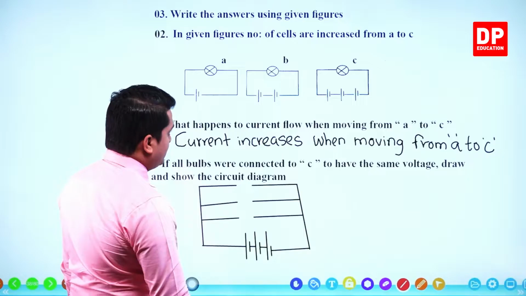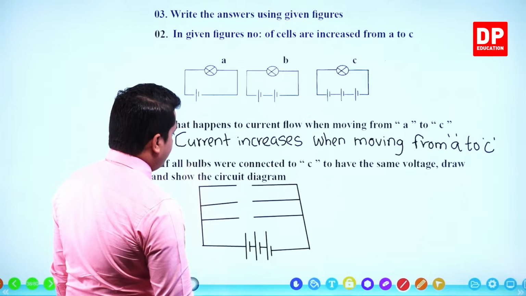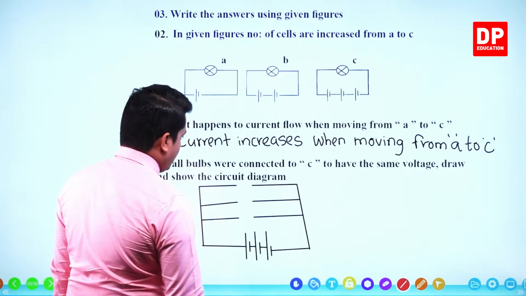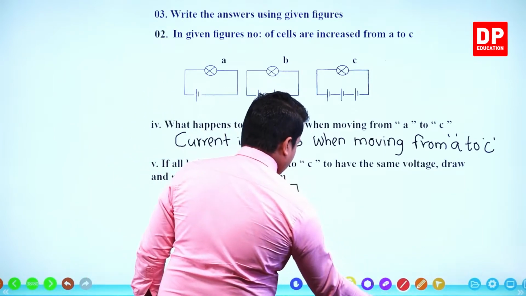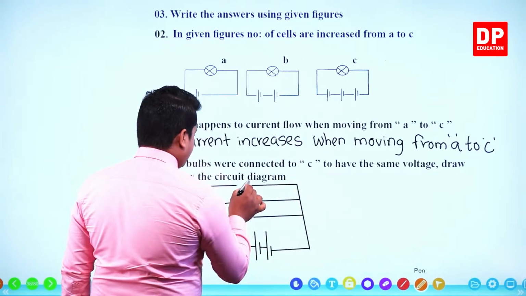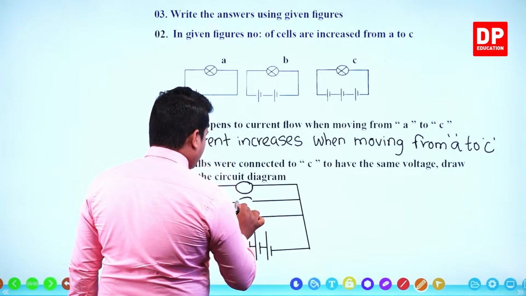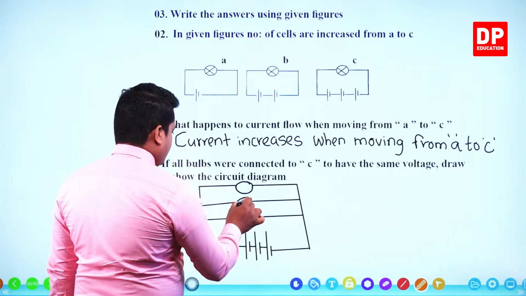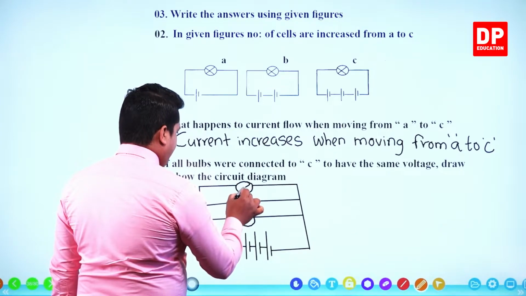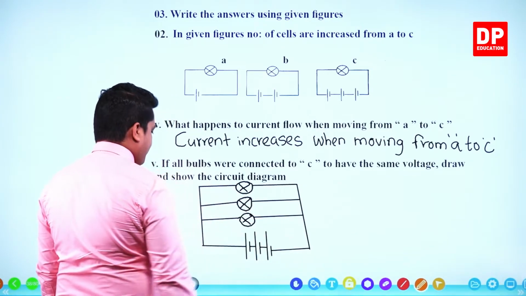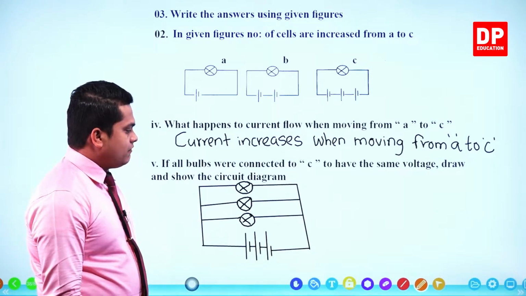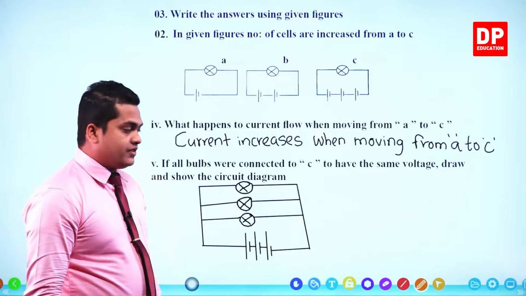Here we go then. 3 lines together. Then let's go for the bulbs. 1, 2, and 3. So, this is the circuit diagram to have the same voltage across each of the bulbs.